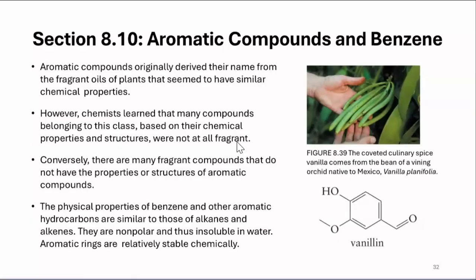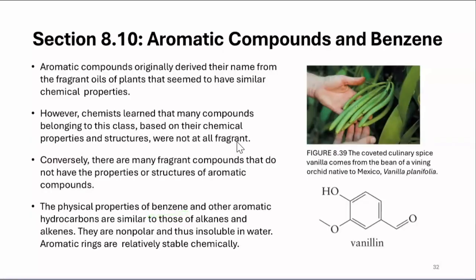So understand that the whole idea of things being fragrant, meaning that they have a smell, doesn't necessarily mean that they are going to be classified as an aromatic compound. The more important evidence in their structure that makes them belong to aromatic compounds is the presence of a benzene ring.